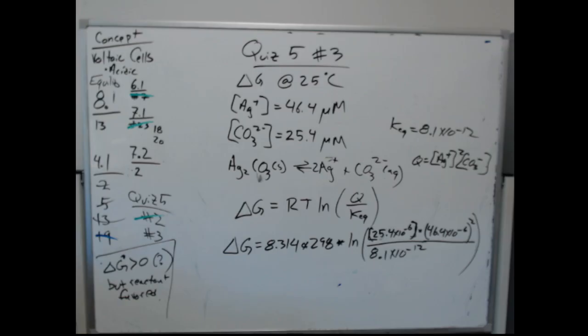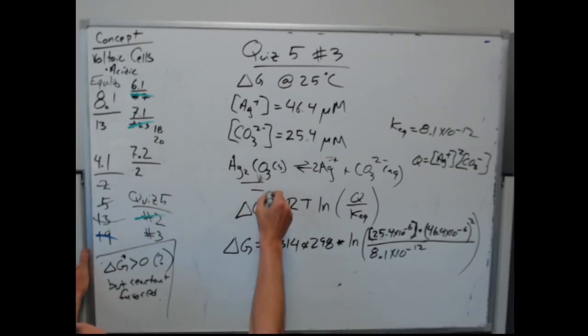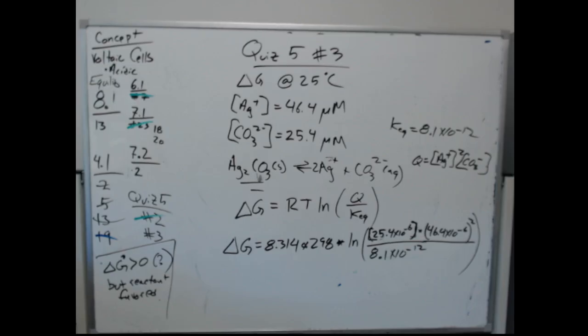So when there's no concentration on the left side, it would just be Q equals the reactants? Well, because this is a solid, we don't include solids in our Q expression. That was part of the reason why I had to do an acid-base reaction, to get values on both sides.